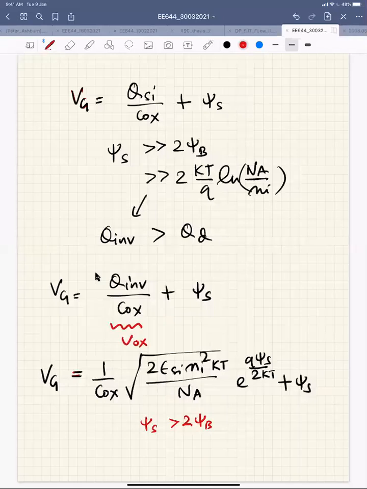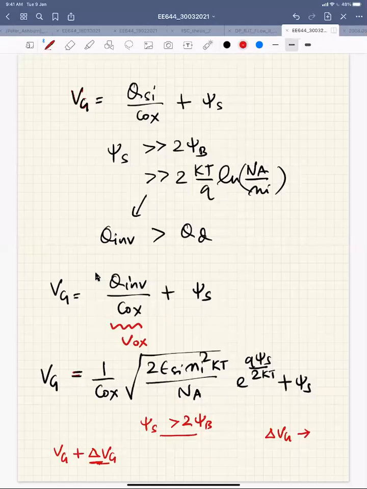Now in this condition, let's say I give some delta Vg. This delta Vg will increase psi s, so it will increase the surface potential. If I increase gate voltage, my surface potential will also increase.